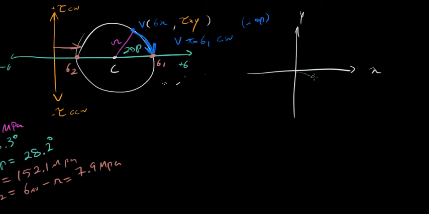So this is what happens. We're going clockwise from the V face on the circle, from there to there, counterclockwise at that angle. From the x reference, we go clockwise at an angle of theta p.